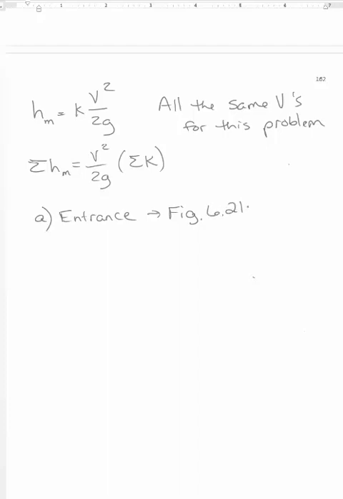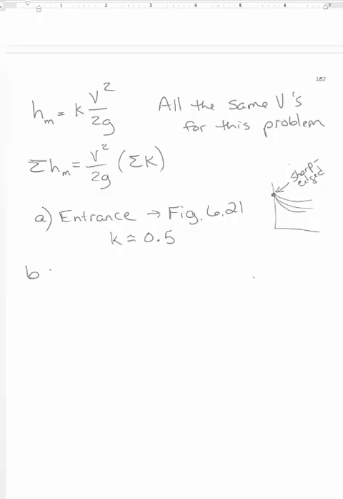Because if you look at figure 6.21, there's a graph with a bunch of lines for different types of entrances. If you look right there, there's a little thing that says sharp-edged, and that's what we have. Happens to be at about K is about equal to 0.5. All right, so there's our K value for our entrance.